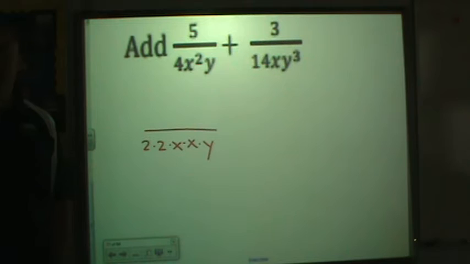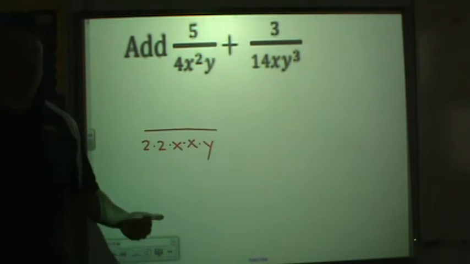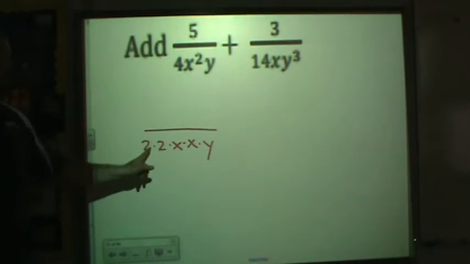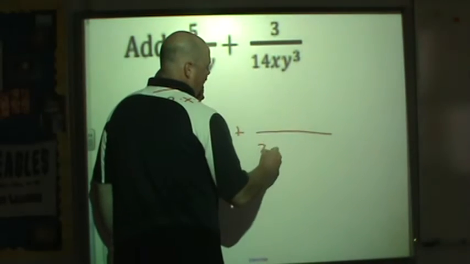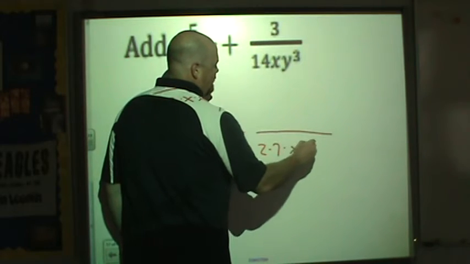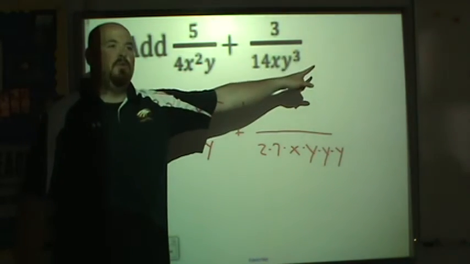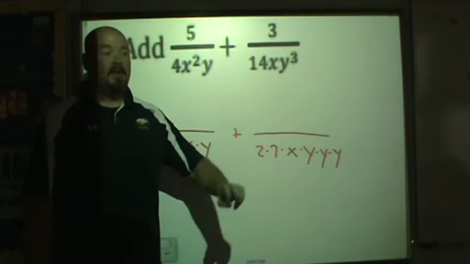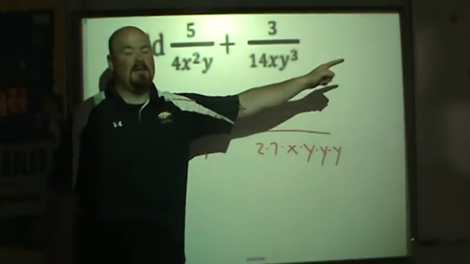When we talk about prime factorization, you're taking some product, breaking it down into its smallest possible factors, right? So that technically would be as small as you can get in each one of these values. So over here on the right, that would be 2 times 7 times x times y, right? xy cubed is not xy, xy, xy. xy cubed is x times y times y times y.